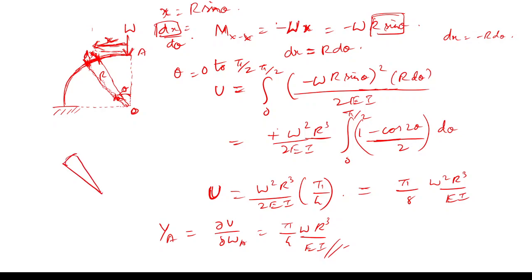See, what he's saying is, for example, this is dx, and this is r, and here what we have assumed is d theta is in this direction, because we have taken x from this direction. But when you take theta from this, since x is taken from the right hand side, if you are taking d theta in this direction, then it should be minus r d theta, because you are going from this direction.